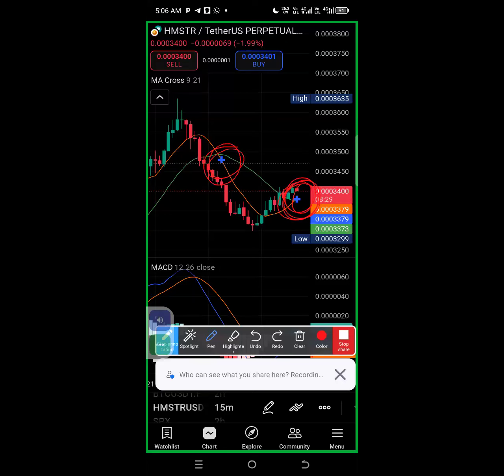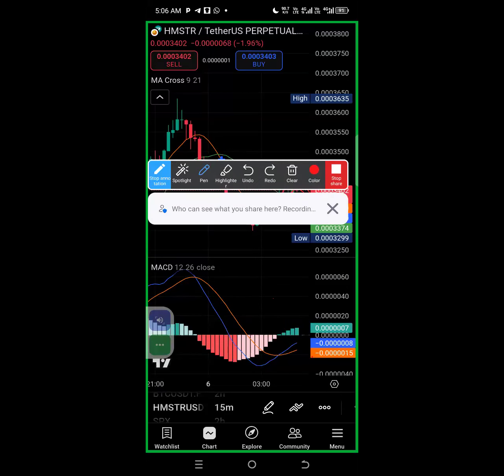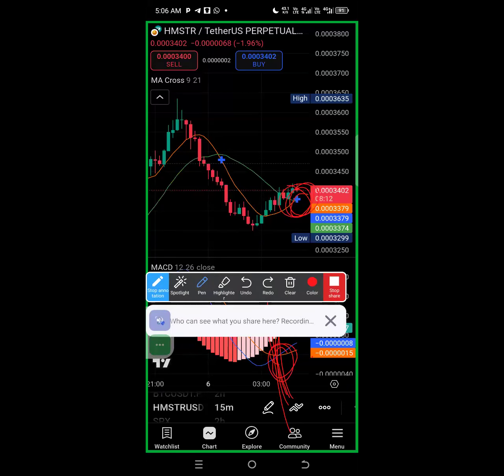So over here, for instance, looking at this particular asset, maybe you can see the crossover happening, but you have to exercise patience. Looking at the MACD, you could clearly see how it happened. This is where the crossover happened, and of course it has happened here, just that it is very weak.